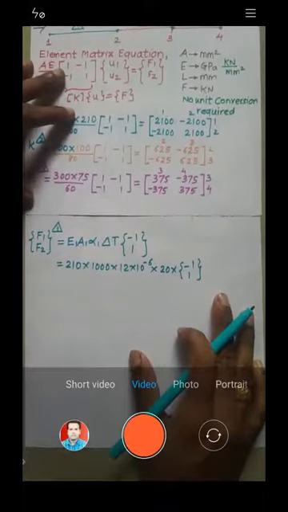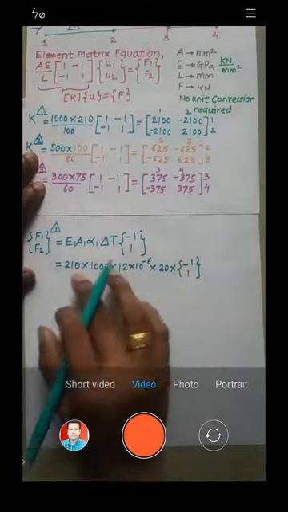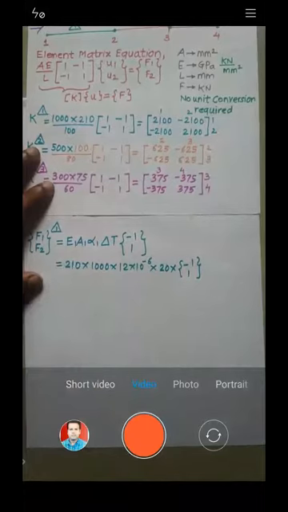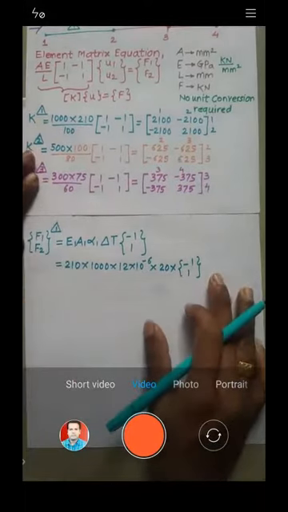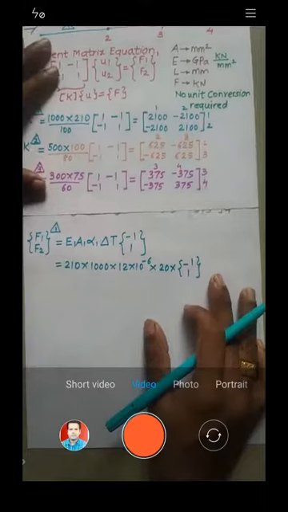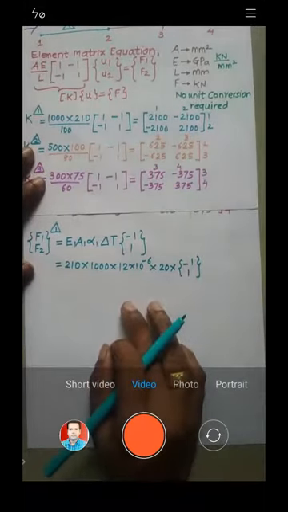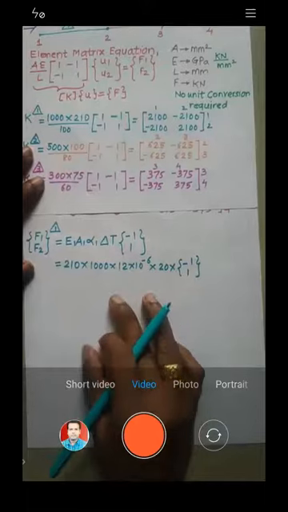I expect all of you to do just the calculations. Okay, so how much is it coming? 50.4.